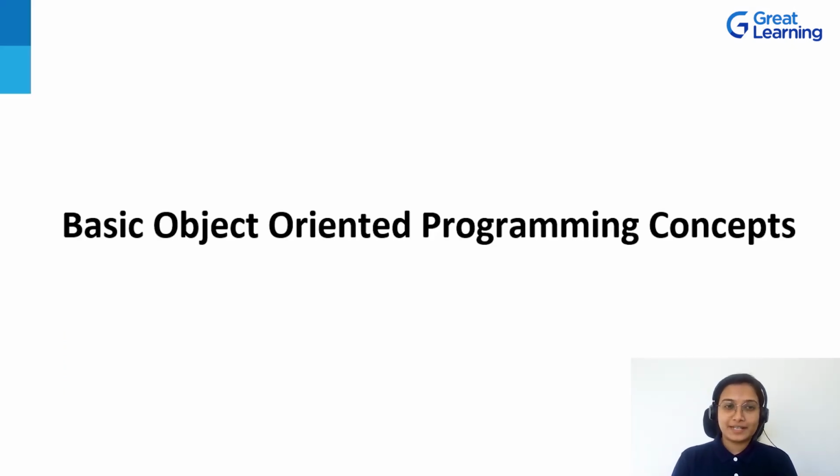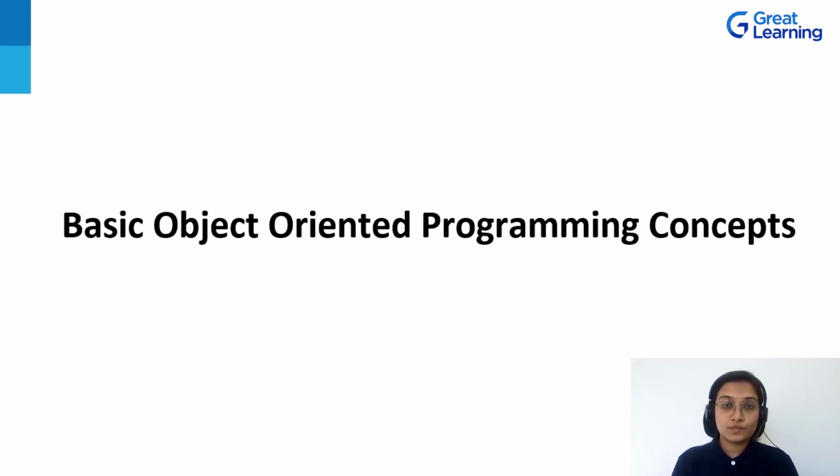Now we should learn about basic object-oriented programming concepts. In this particular topic, we'll be having encapsulation, polymorphism, and different other basic OOPS concepts. It is common for all programming languages, where you can learn these concepts once and use them many times.